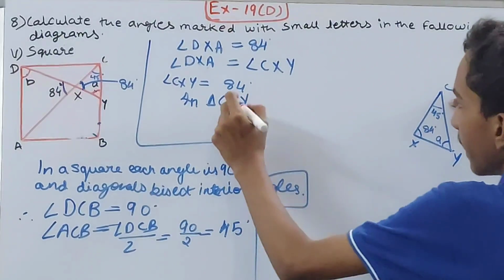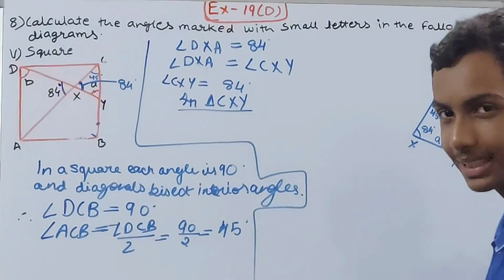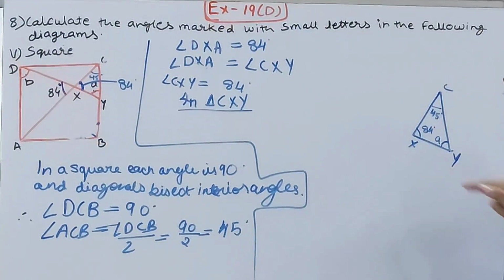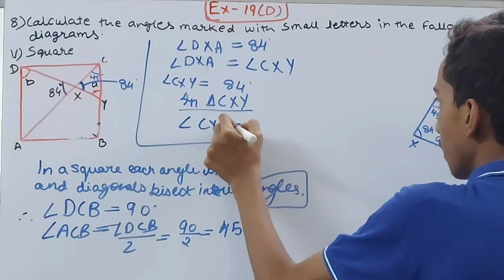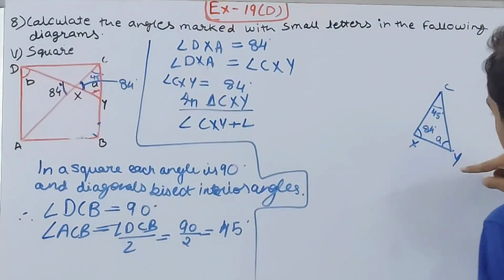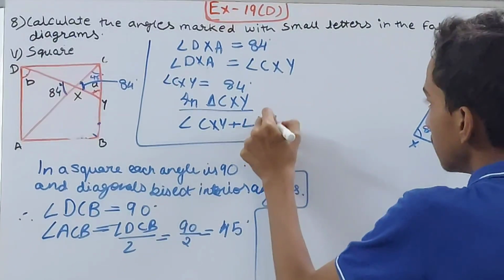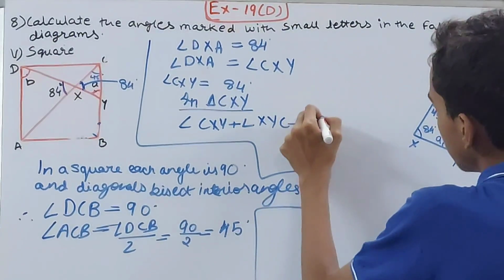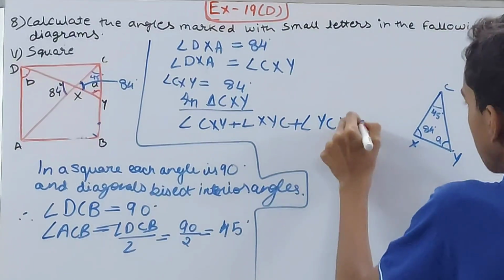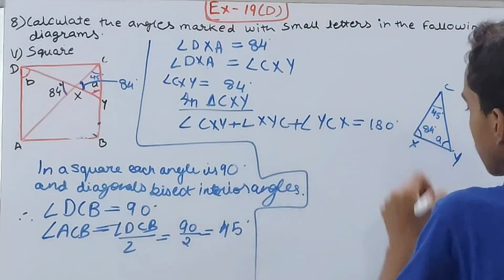In triangle CXY, you have to use the angle sum property, right? Angle CXY plus angle XYC plus angle YCX is equal to 180 degrees.